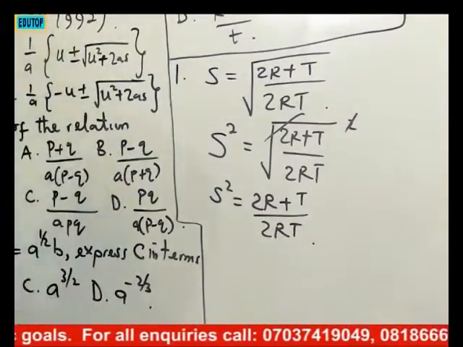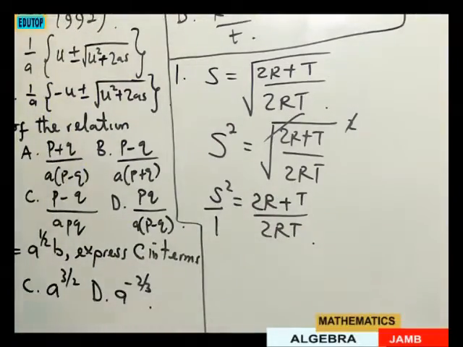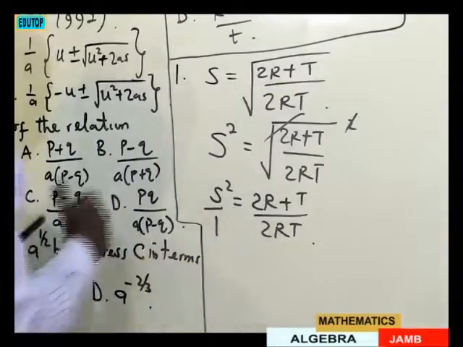Take note of that. Then this one is a fraction. Let's also make this one a fraction. By making it a fraction, it looks like this. Then the next thing we have to do, since R appeared twice, is to cross multiply.